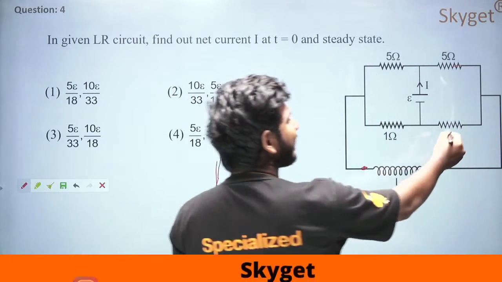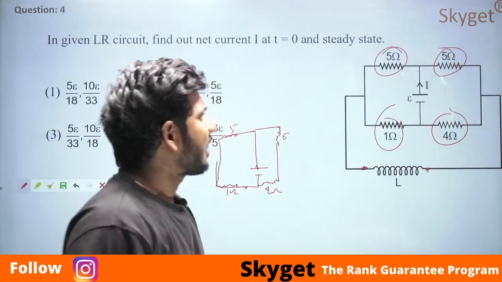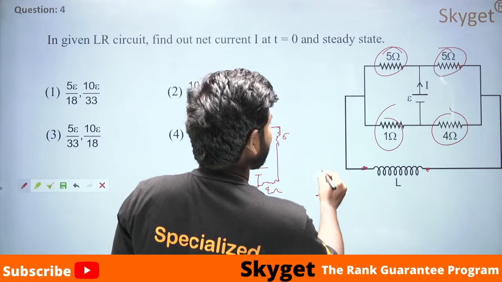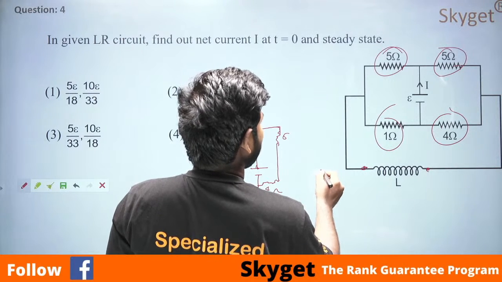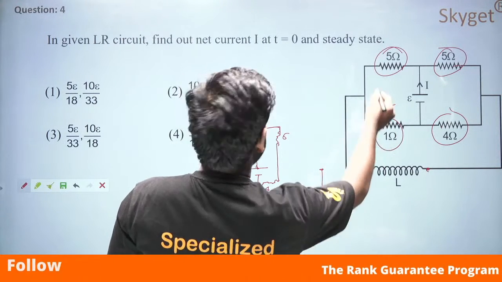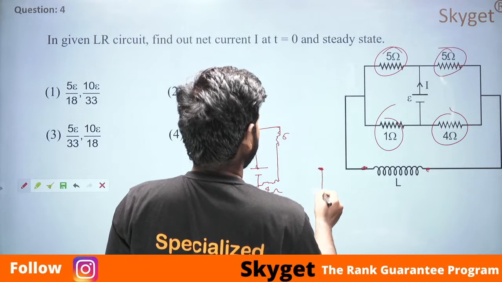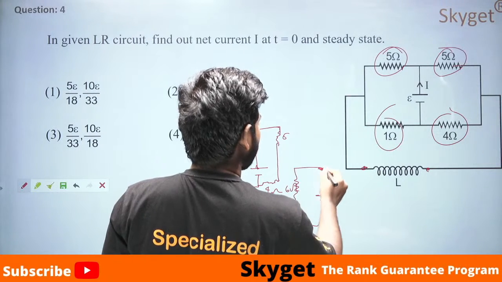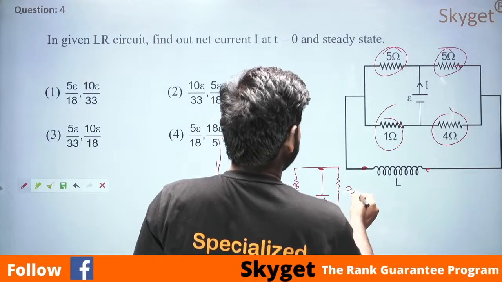So 4 and 5 are in series, and 5 and 1 are in series. The resistance here will be 6 ohms, and this will be 9 ohms.